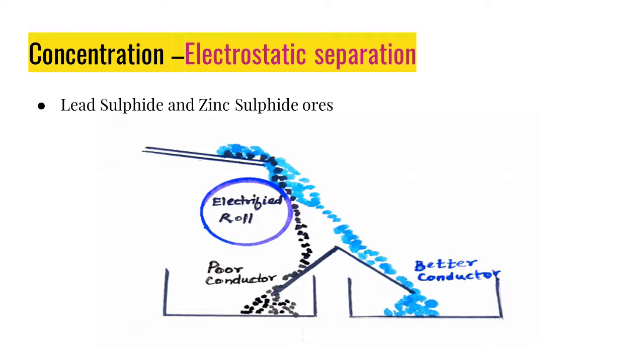So when these ores are dropped through electrified rollers, the one which has a conducting property is deflected by the rollers and falls farther away from the rollers, whereas the ones which are poor conductors will fall near the rollers. So using this method, the conducting and non-conducting materials are separated. This is called electrostatic separation.